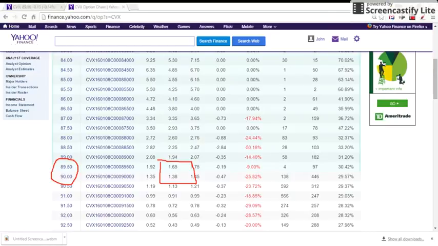Because what can happen with a stock price is, let's say Chevron moves from 90 to 95. This option price of $1.38, if the stock moves $5, it could actually move 100%. It could actually go from $1.38 to, let's say, $3 and higher.